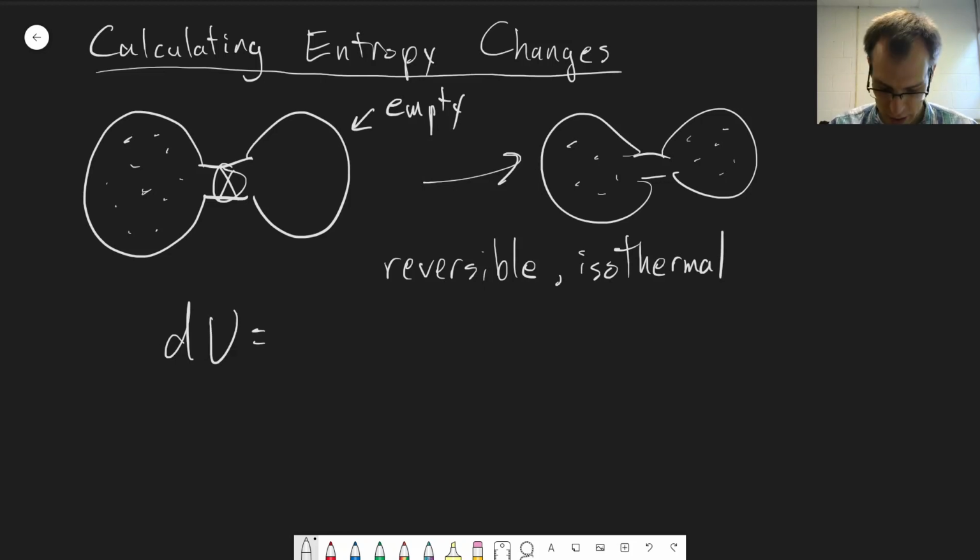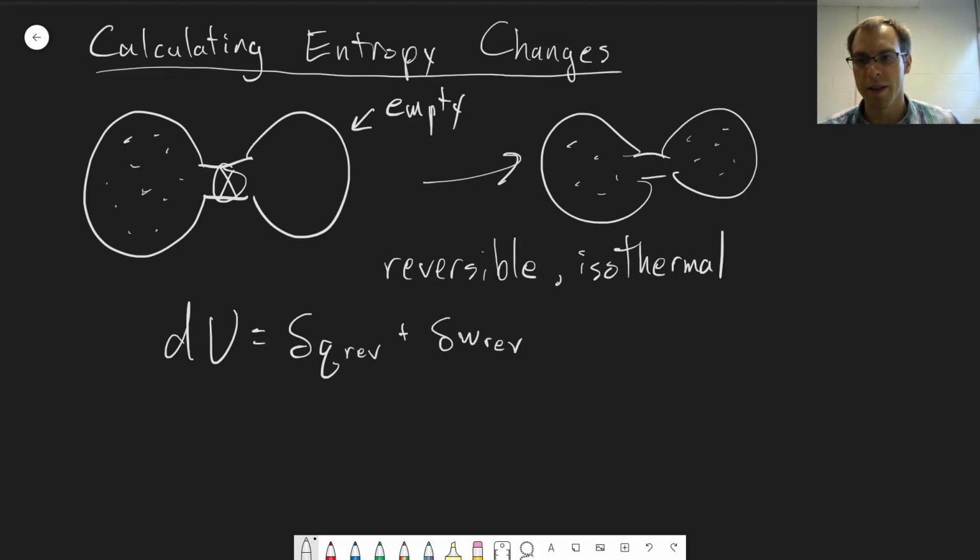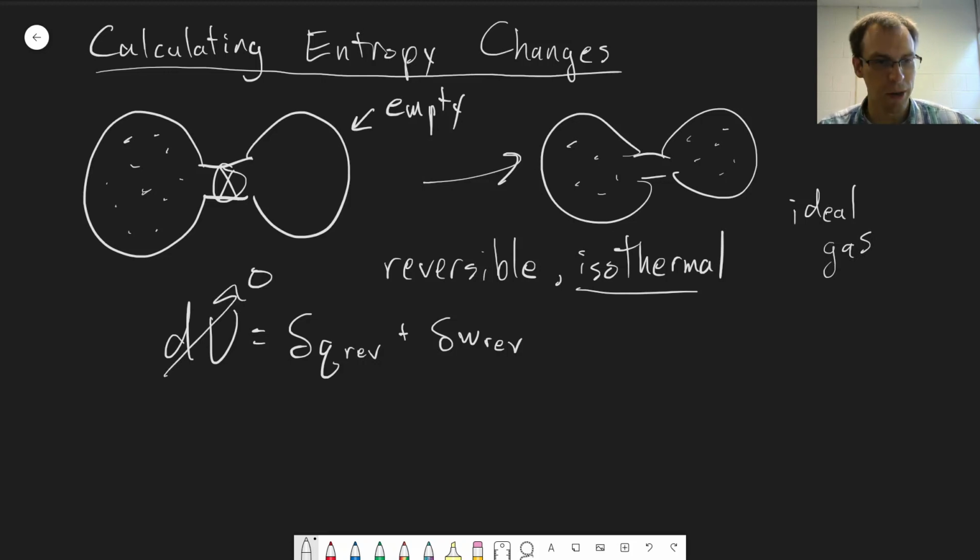So dU is equal to dq reversible plus dw reversible. We'll start with the first law and then use that to get our entropy change from dq reversible. Because we'll assume ideal gas behavior, you can always assume that unless we explicitly state otherwise, we know that dU is equal to 0 because the internal energy only depends on temperature for an ideal gas.